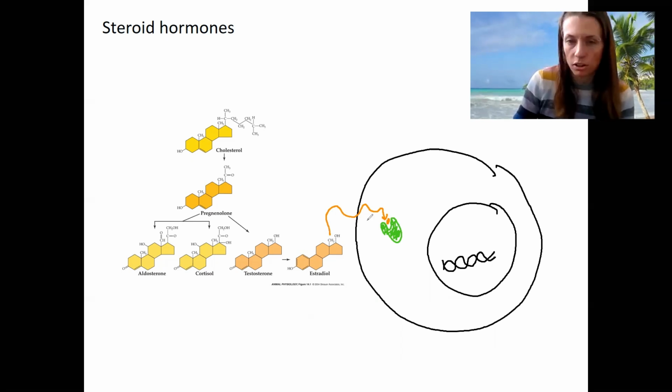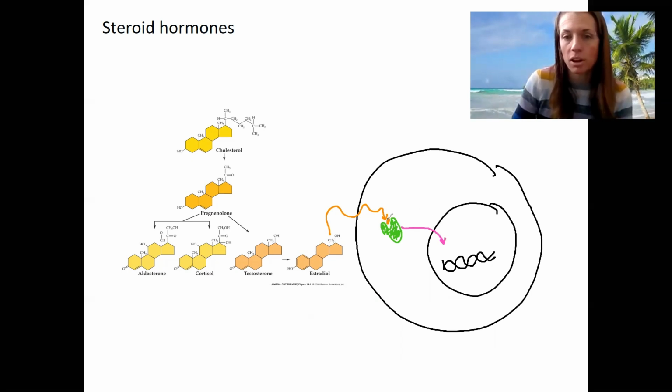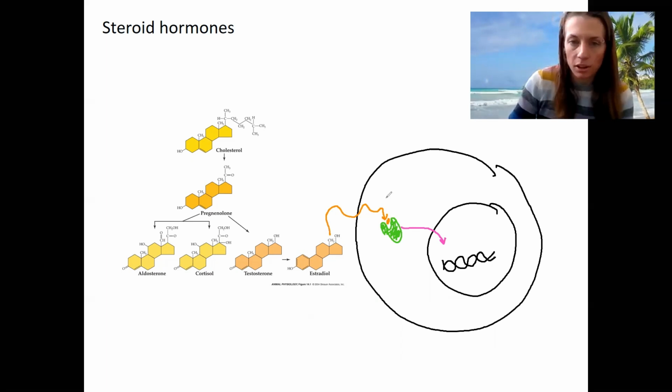So let's choose another color here, nice pink. This receptor is now a ligand bound receptor, a hormone bound receptor. So I'm actually going to label this thing. I'm going to call this, the same color here, a steroid receptor complex.